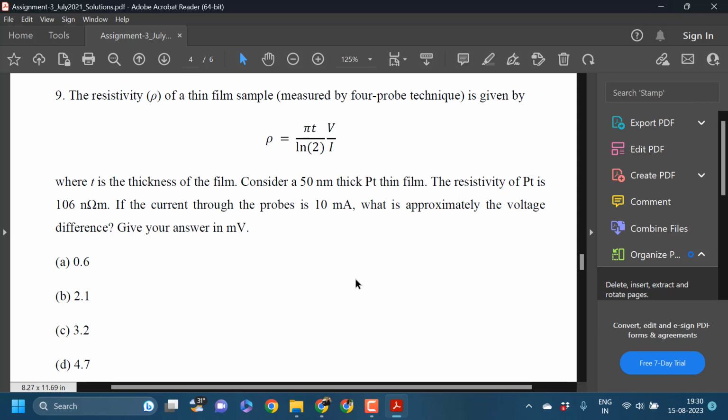Has anybody got the answer? Where are you finding difficulty? Like where it's going wrong, can you let me know?